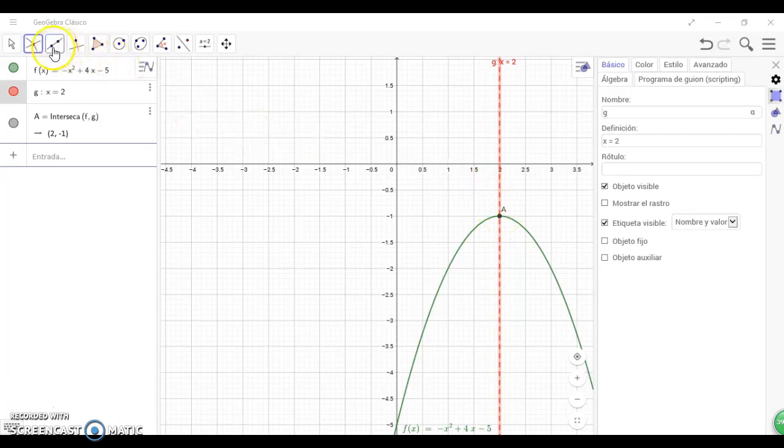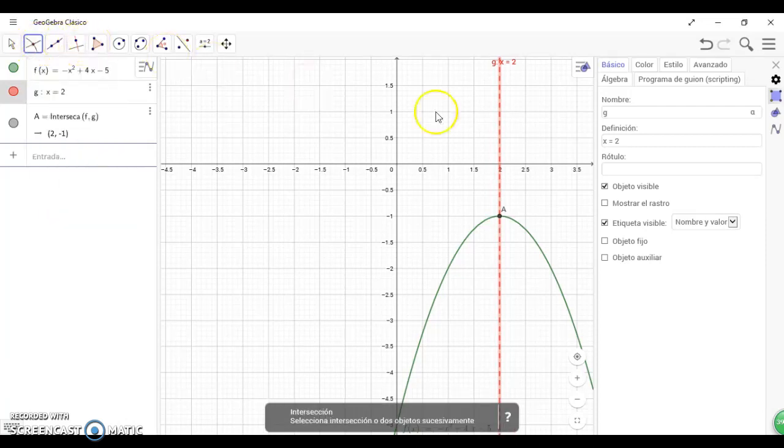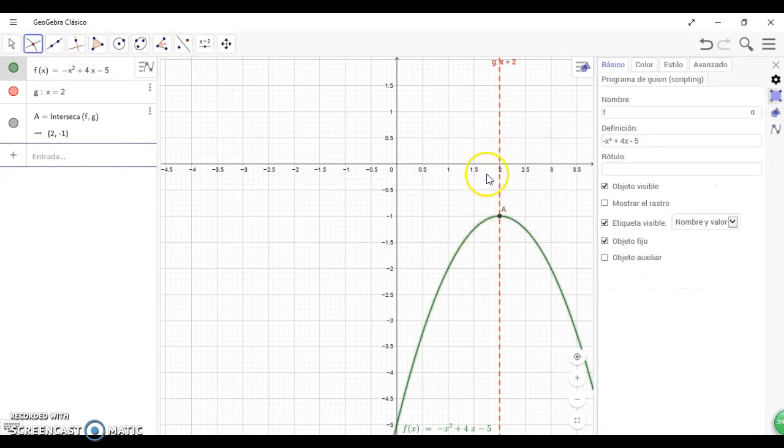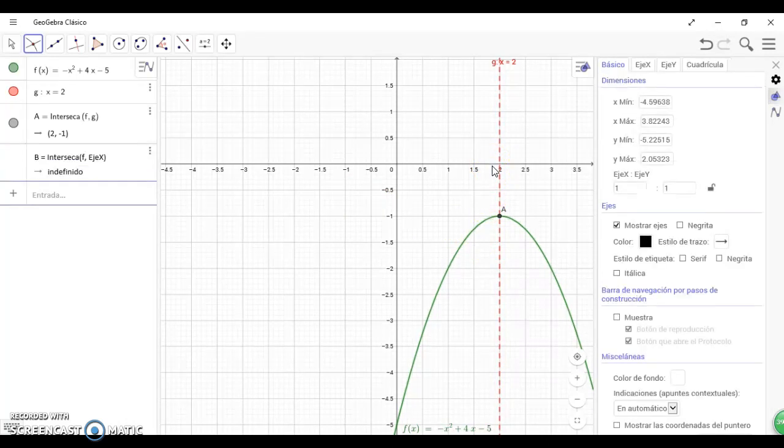So now we need to find the x-axis if there are some intersections. So with the same tool, you choose the graph and the x-axis. Because there are no intersections with the x-axis, there are no locations in here.